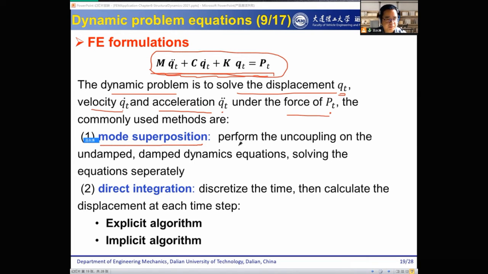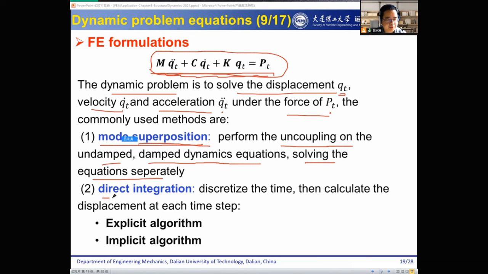For the mode superposition method, we perform the uncoupling on the damped dynamic equation, and then solve the equations separately. Then we put them together. We call it superposition.